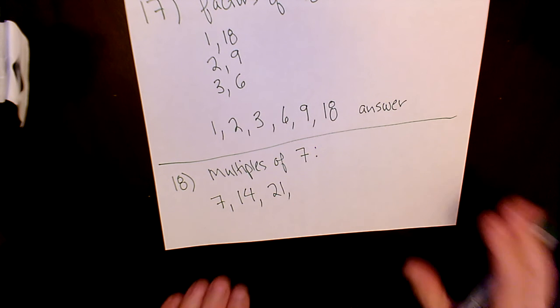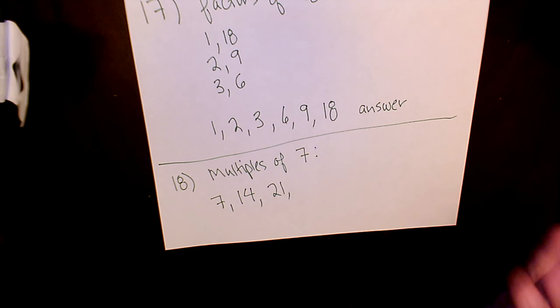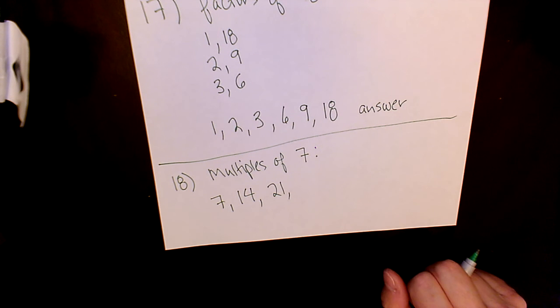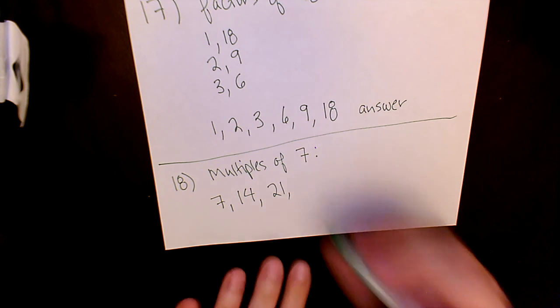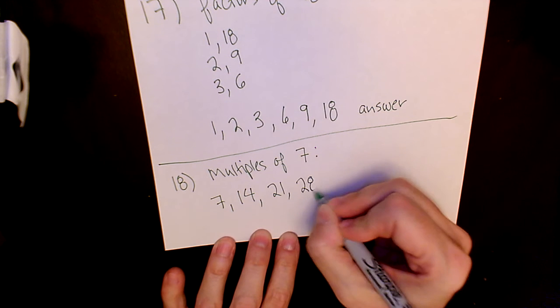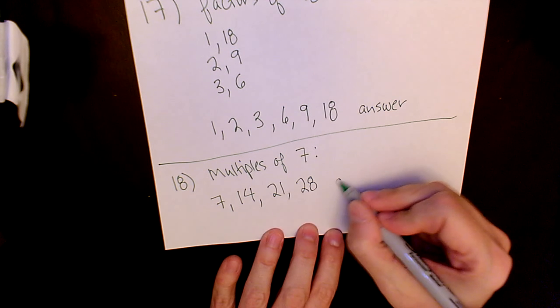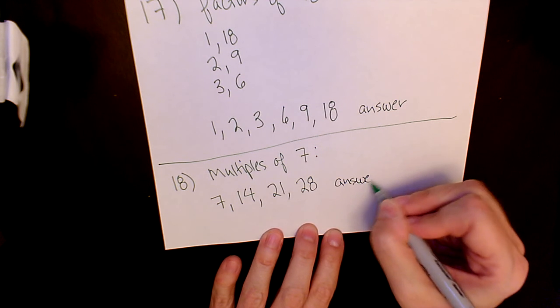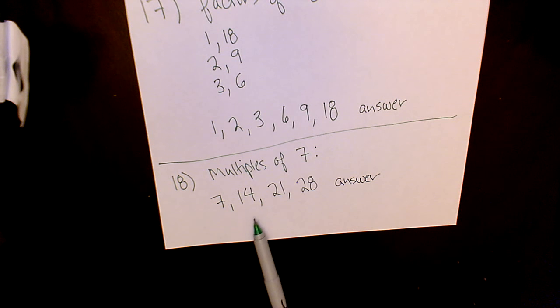And I only need one more because it only says I only need the first 4. So 7 times 4 is 28. And here are the first 4 multiples of 7. And you're done.